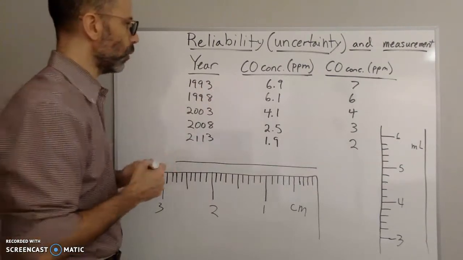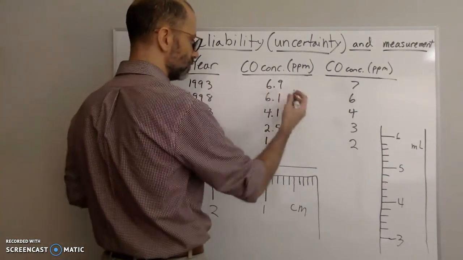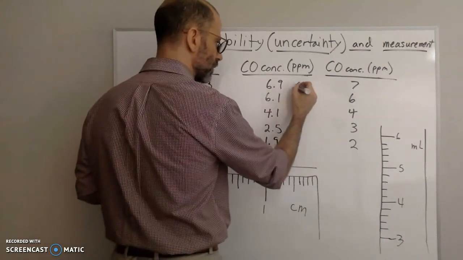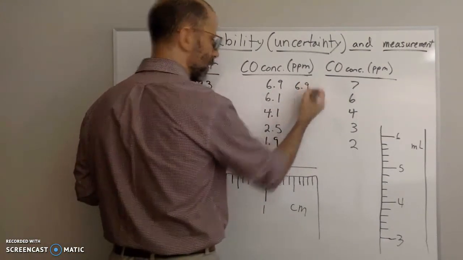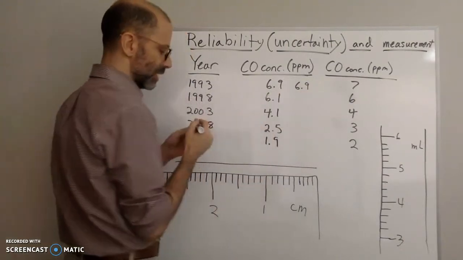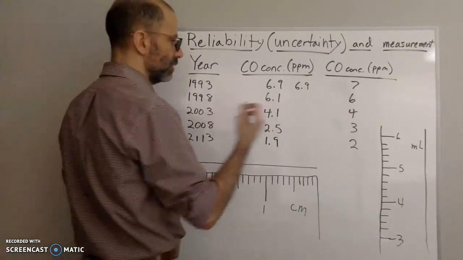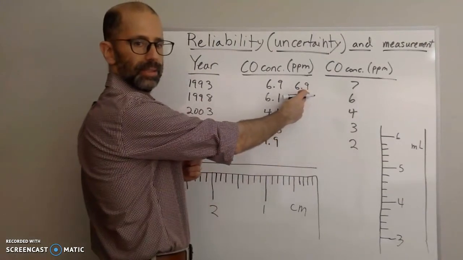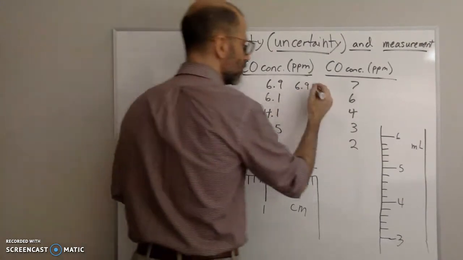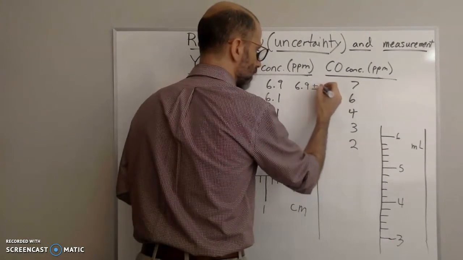So the way we report this is 6.9, and since the 9 is in the tenths place, it's going to be plus or minus 0.1.